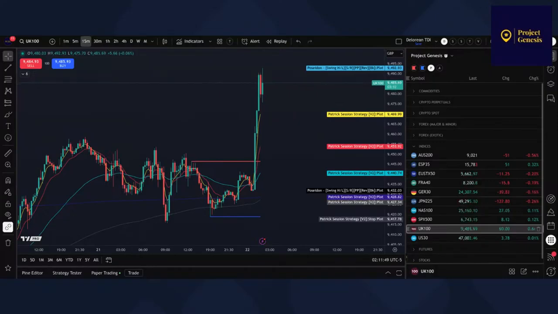That is a really huge jump on UK 100. We might end up getting a sell opportunity on this to come back into the Asian range somewhere around 94.50-ish.